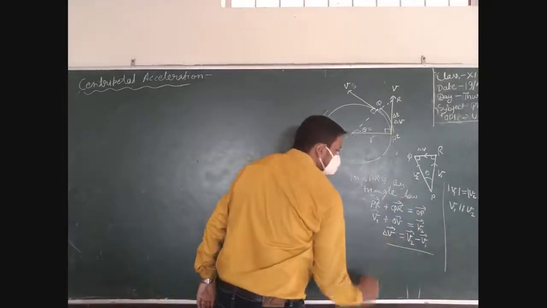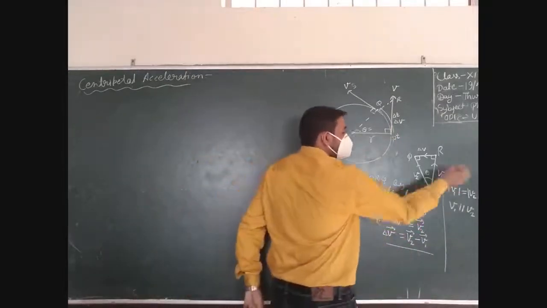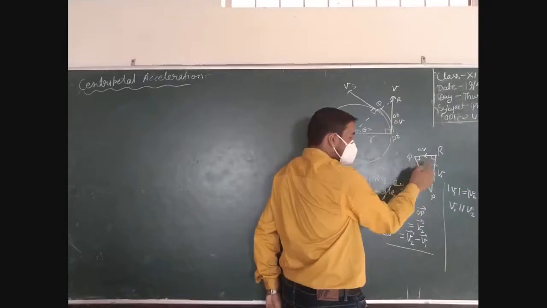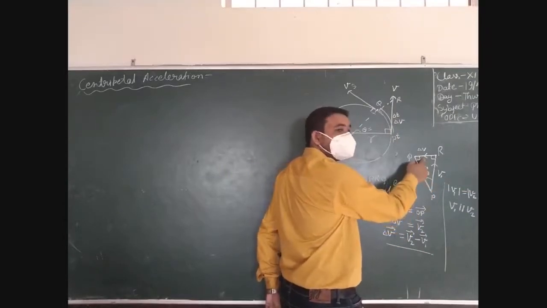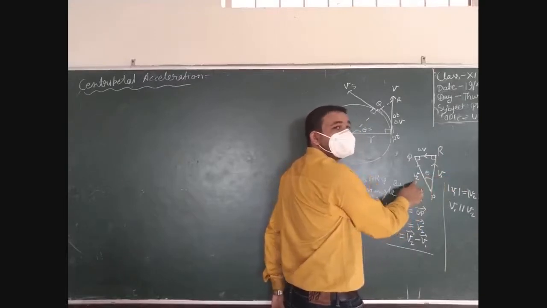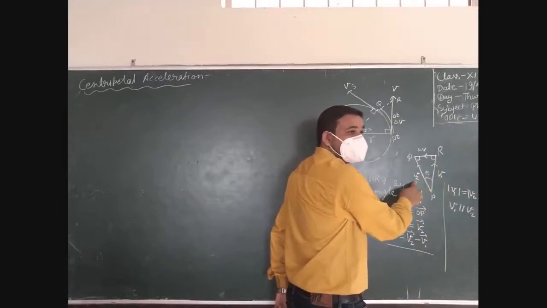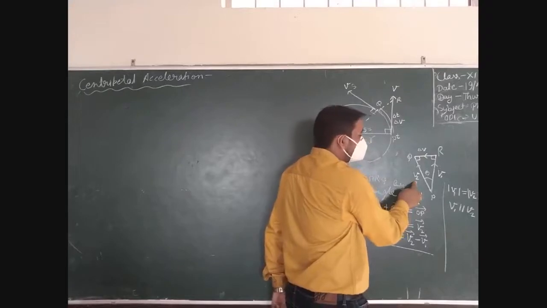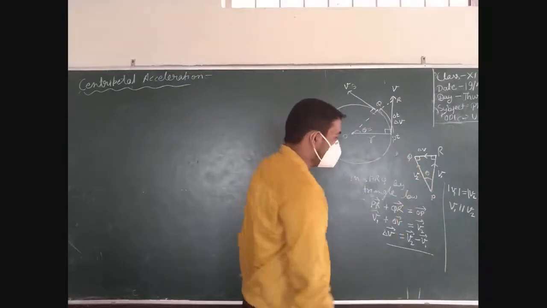Now, taking this as the radius, as hypotenuse, and either v1 or v2 as perpendicular, we can calculate the value of theta. What do we get?